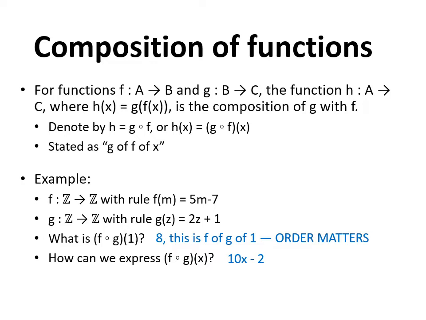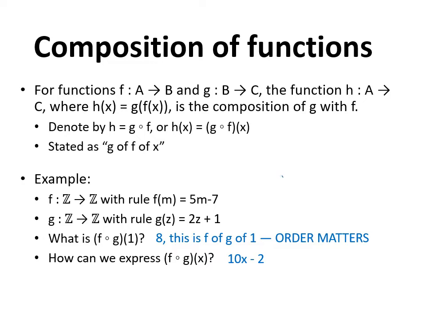If f maps integers to integers, and the rule is f of m is equal to 5m minus 7, and g also maps integers to integers, and the rule is g of z is equal to z plus 1, then what is f of g of 1? How do we calculate this? Well, first we apply g to 1.